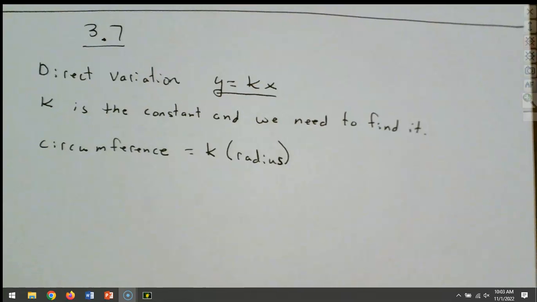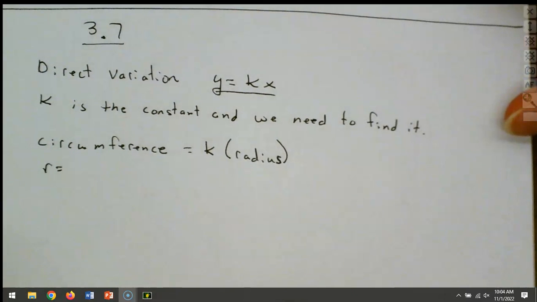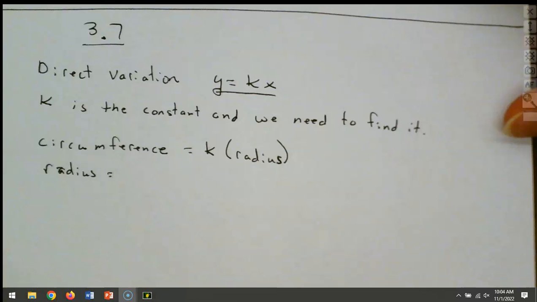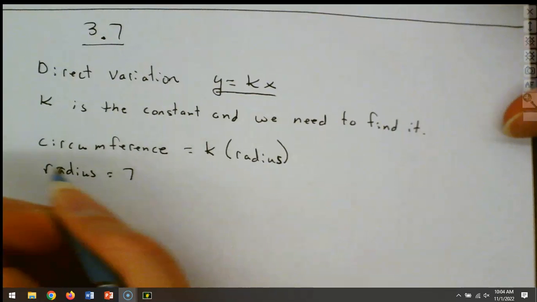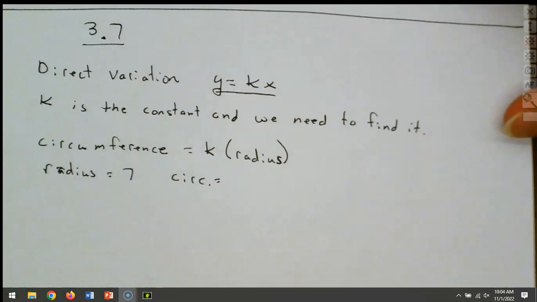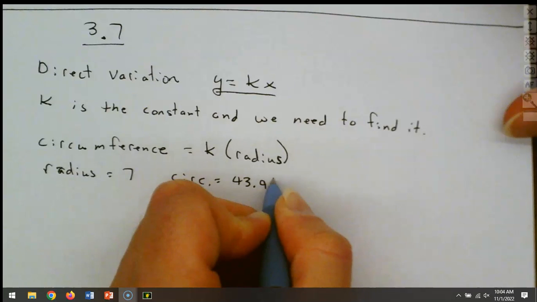Now, what are you given? When we read this, it says a circle with a radius of 7 has a circumference of 43.96. So in this case, r is going to be our radius. We'll just write out radius here. Radius is 7, circumference, and I'll just abbreviate that, is 43.96.